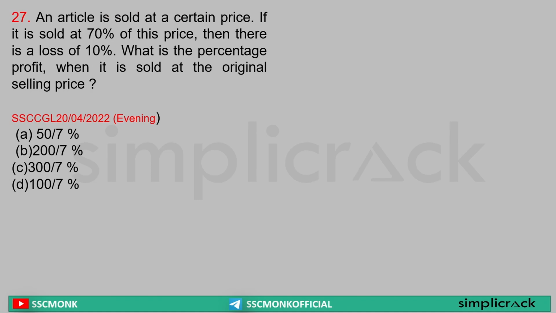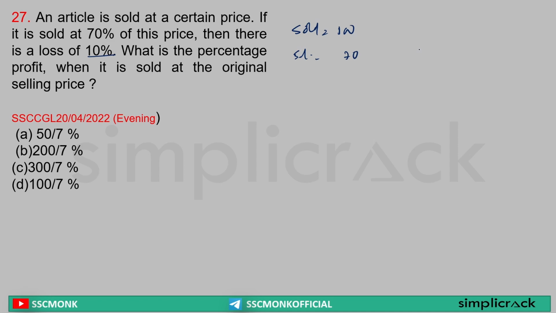Next. Very basic question. It is saying an article was sold at a certain price. Let's say the original sales price was 100, for example. Now it was sold at 70% of the price, 70 rupees. So the loss that happened was what? 10%.